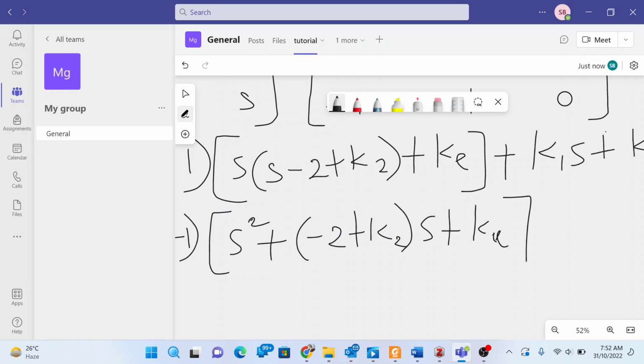Then this one is going to be K1 S plus KE, plus KE.